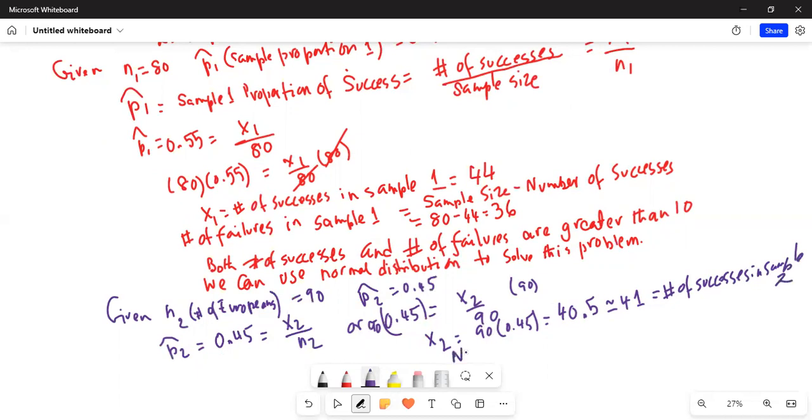So number of failures in sample 2 is equal to total sample size, 90 minus 41, which is 49.